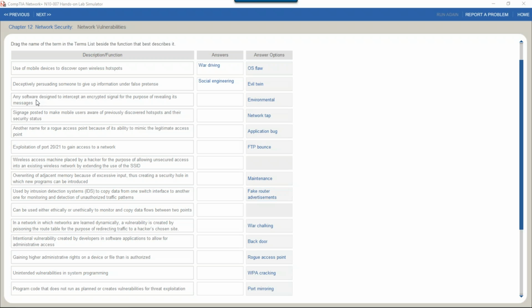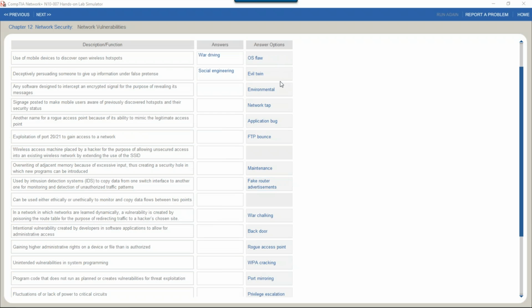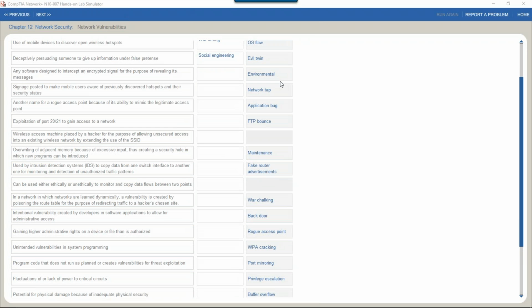So one, we're looking for software, right? So that'll eliminate some things. And it's designed to intercept an encrypted signal, right? So encrypted, definitely is going to be a keyword. And it says for the purpose of revealing the message. So basically, we're trying to steal some encrypted stuff. So what over here in these answers screams encryption to you?